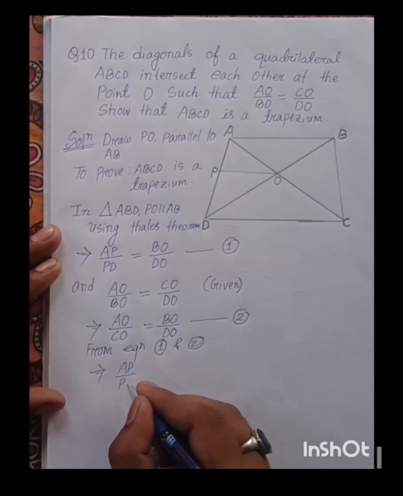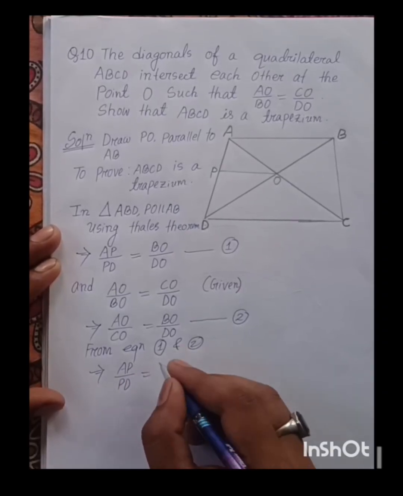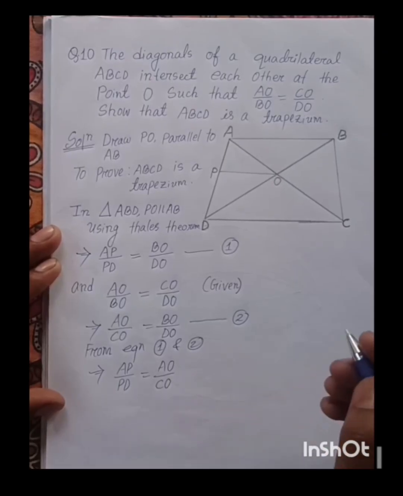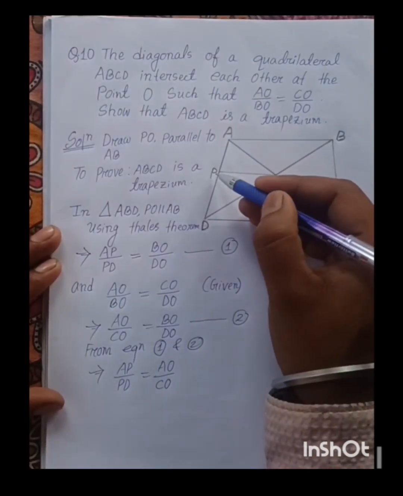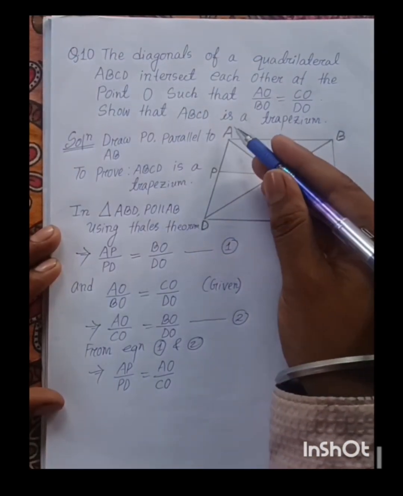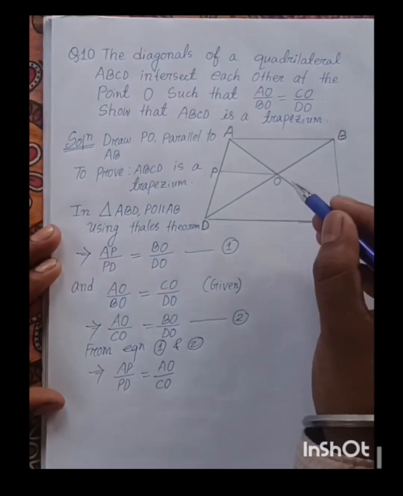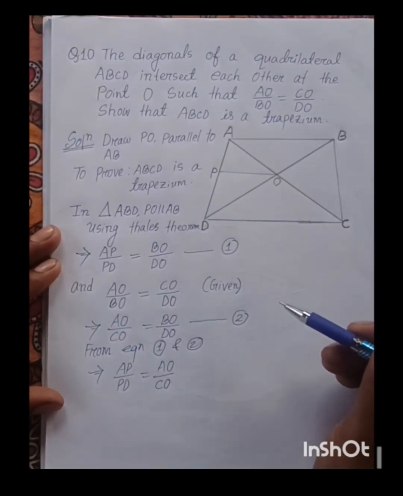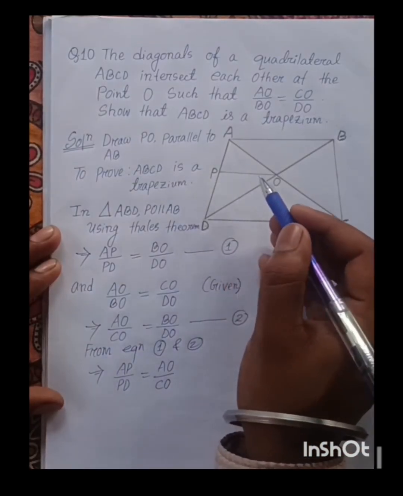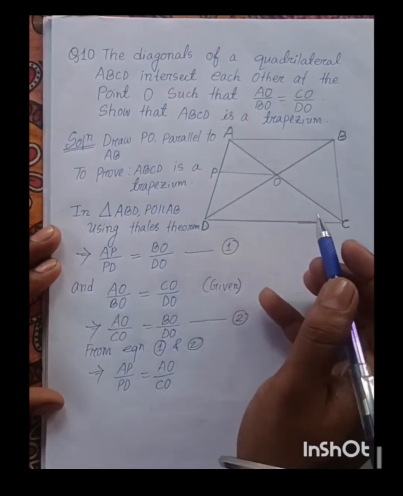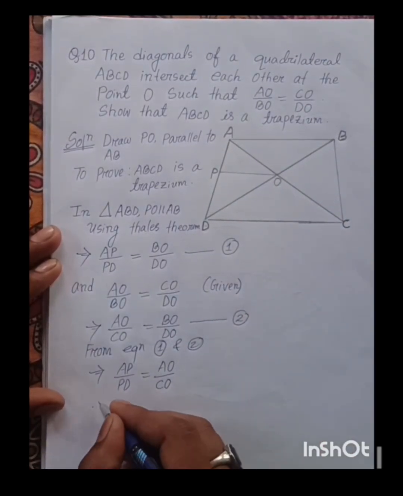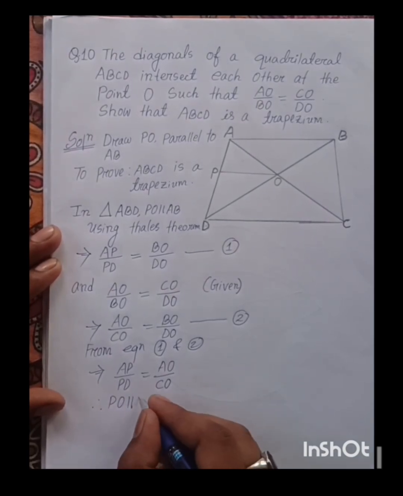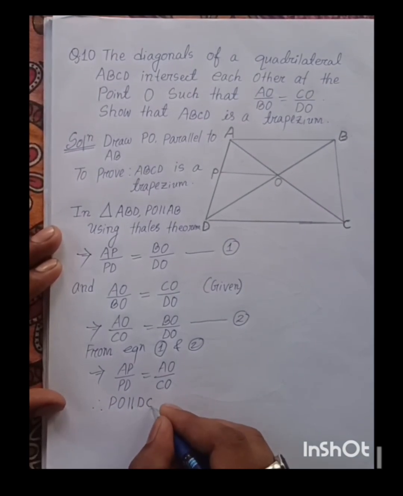AP by PD equal to AO by CO. Now if these two ratios of this triangle are equal with each other, then I can write PO is parallel with DC. So therefore PO parallel with DC. This is converse of Thales theorem.